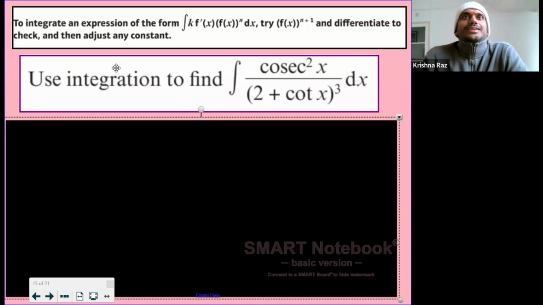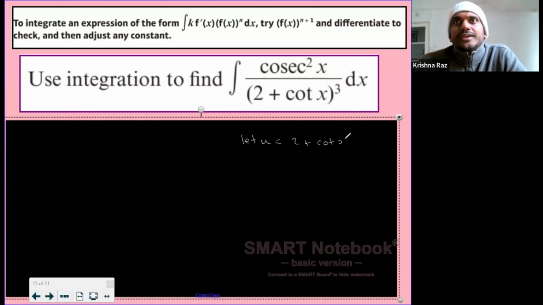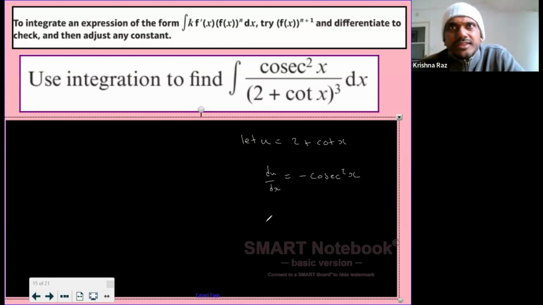So if we look at this one, we're going to let u equal 2 plus cot x. So du by dx will be minus cosec squared x. I think that's in the formula book.